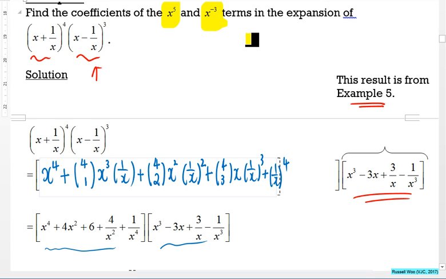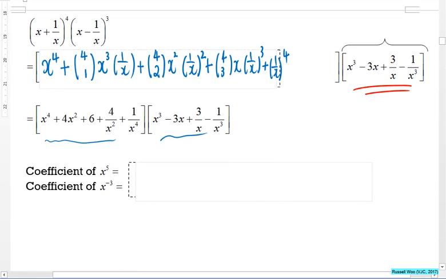Let's do this together. What times what will give you x to the power of 5? There's no way you're going to get x to the power of 5 with this times this; that will give you 1 over x. So let's look carefully. You can get x to the power of 5 with x to the power of 4 times x here. Follow what I'm saying. x to the power of 4 and x.